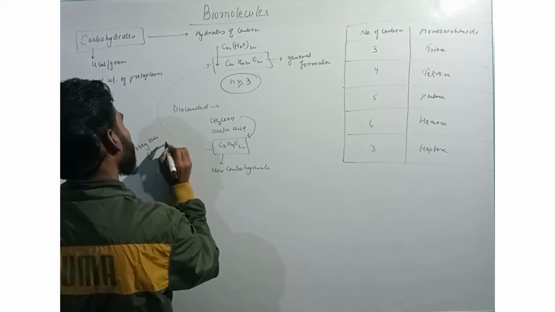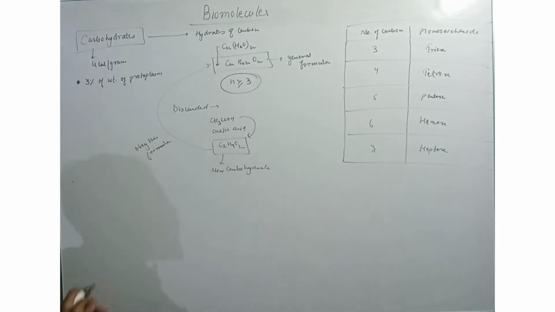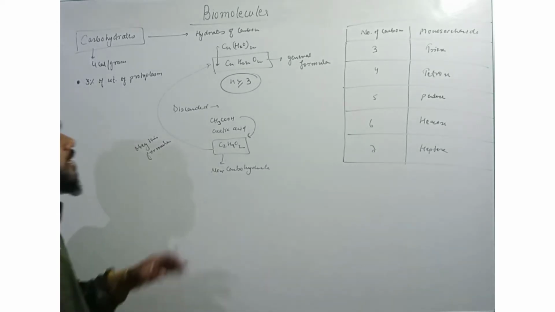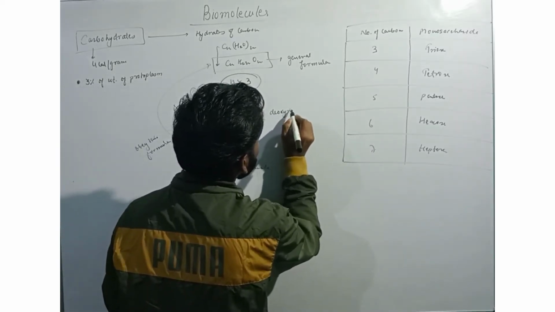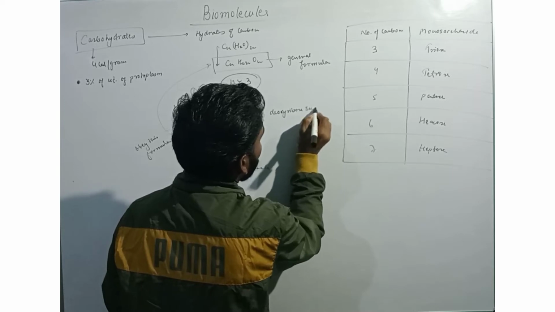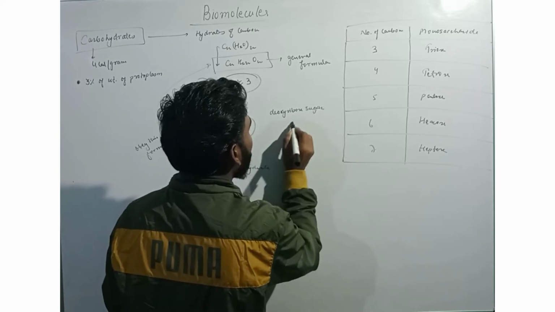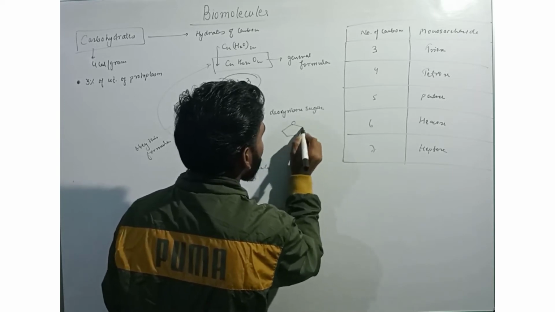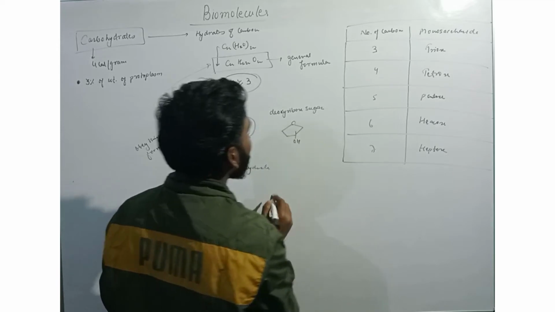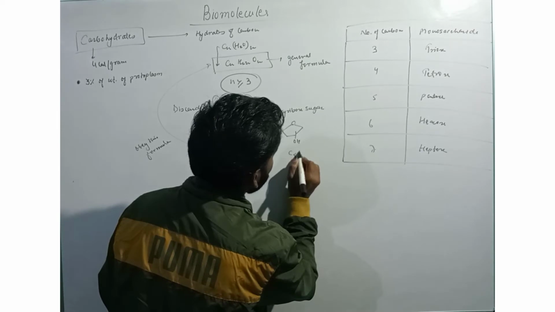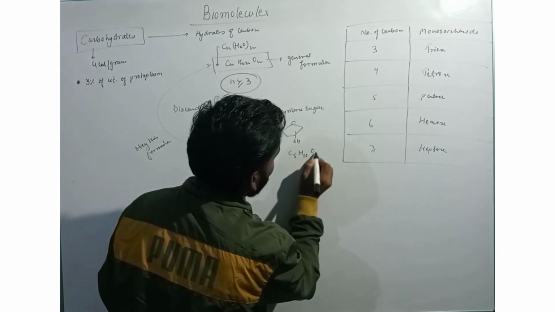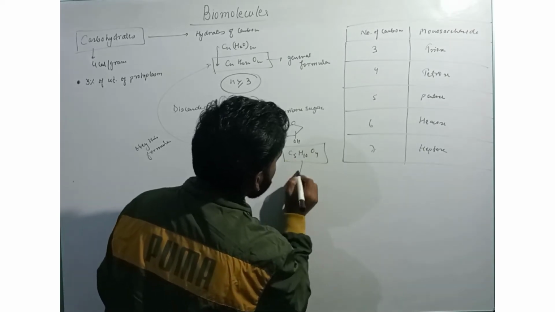But when you're talking about a carbohydrate, that is deoxyribose sugar, that is C5H10O4. This is a carbohydrate.